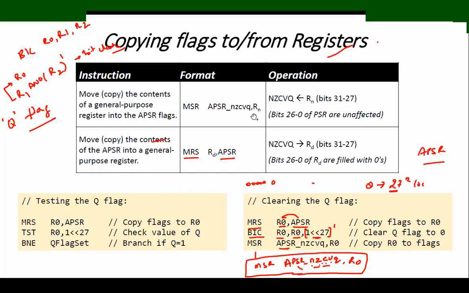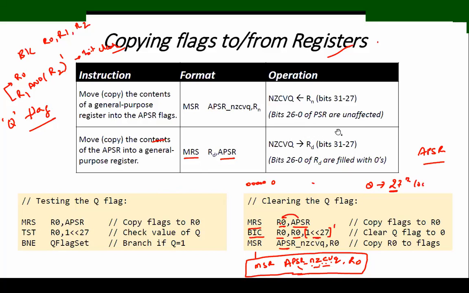Now, if we reverse this, from APSR to Rt, what happens to the destination register? Whatever are the values of the program status flags, which are N, Z, C, V, Q, can be transferred, and bits 27 to 31, which is 5 bits, are altered, and the remaining bits are filled with 0.